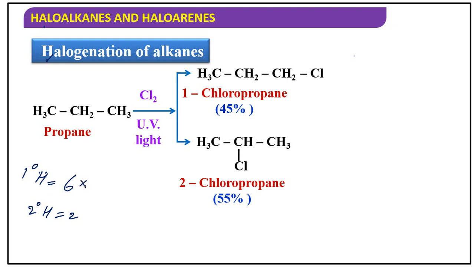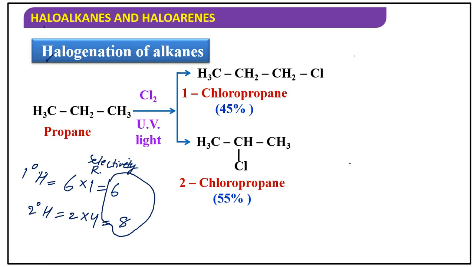So 6 into 1 is 6. This is the reactivity or selectivity preference. For secondary it comes to 8. So 6 plus 8, you have to make it 100%.